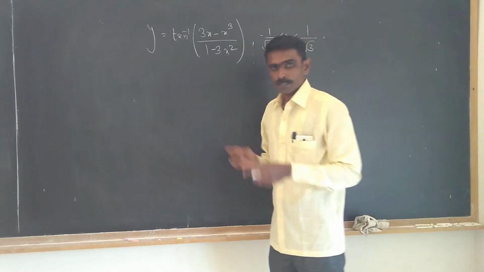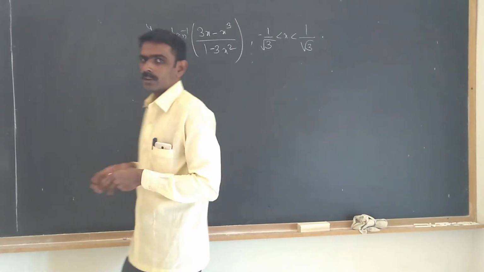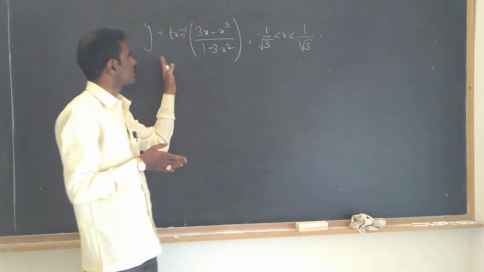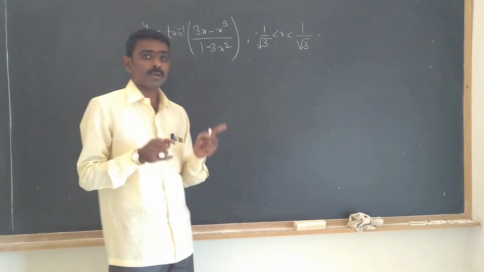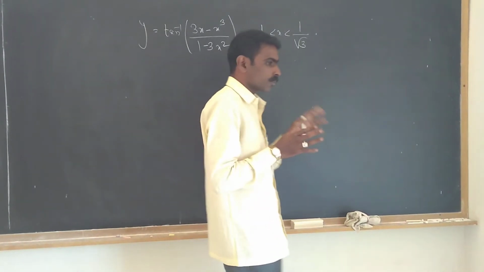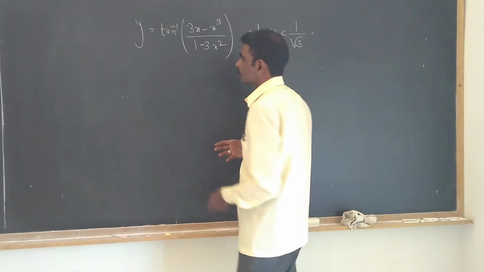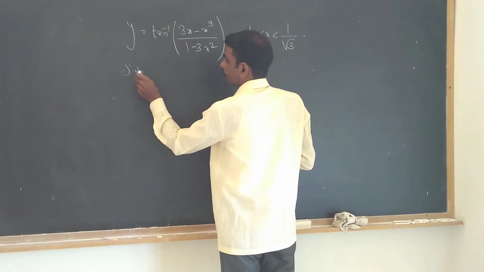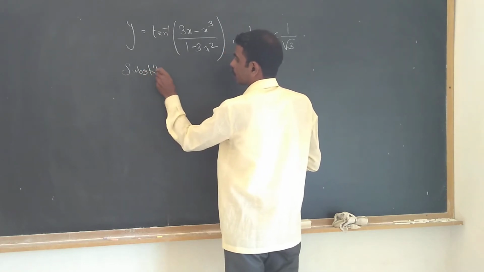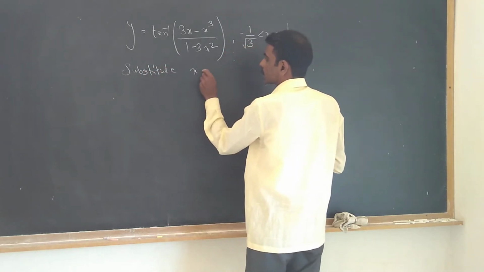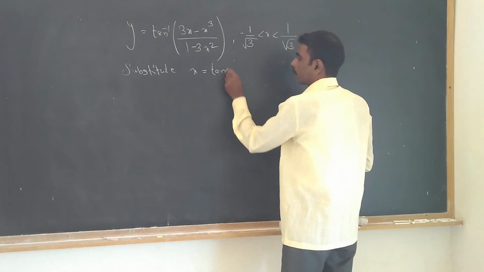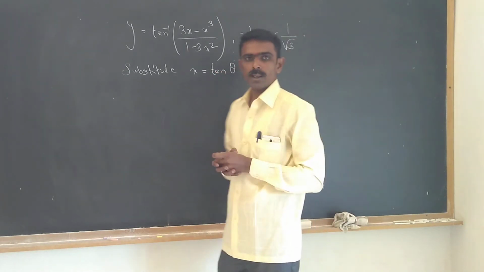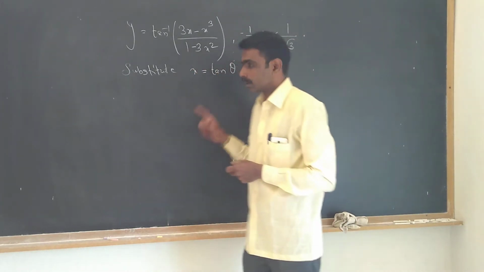If we want to find the derivatives of inverse trigonometric functions, we need to first apply the substitution method. So here I will substitute: let x be equal to tan theta.